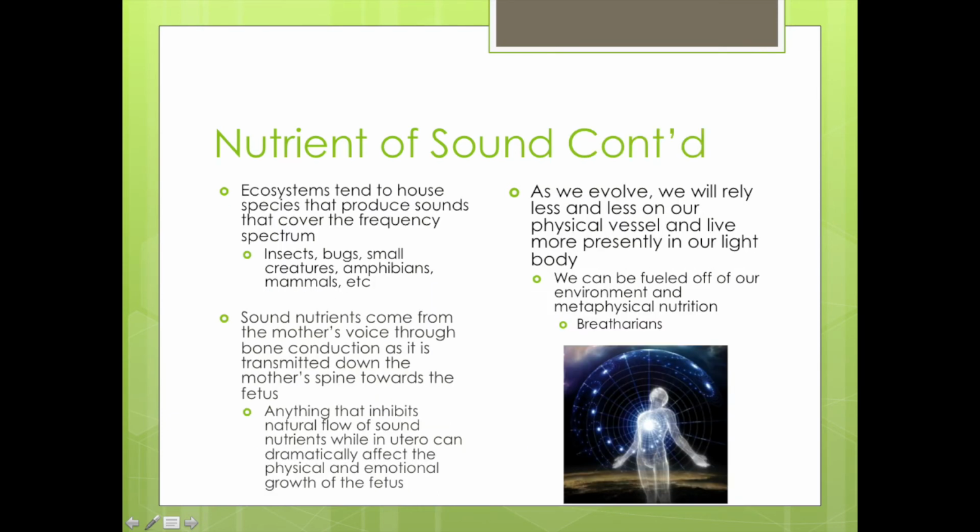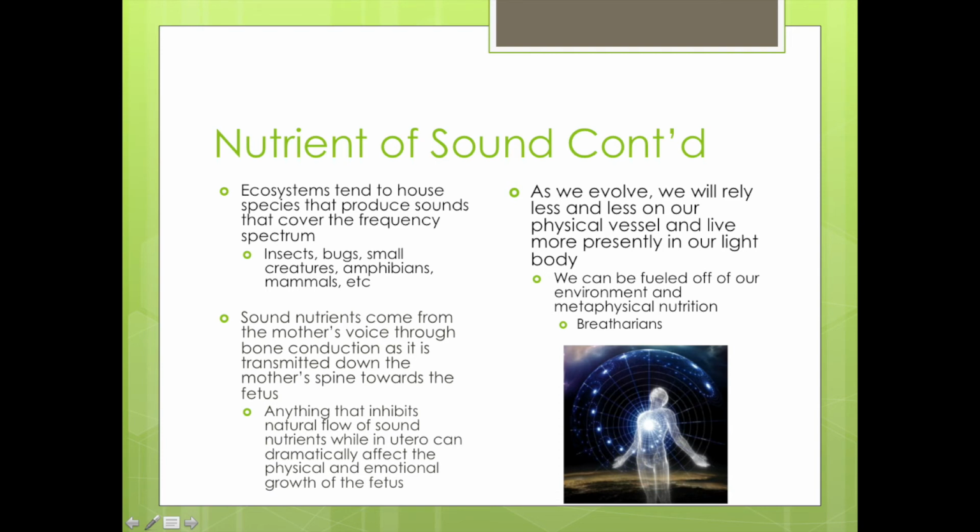So, ecosystems tend to house species that produce sounds that cover the frequency spectrum. So, this usually includes insects, bugs, small creatures, amphibians, mammals, etc. Some will have very low vocal emissions, some high, but each species is likely to cover a different portion of the spectrum.